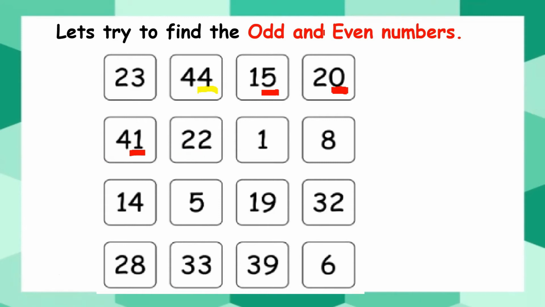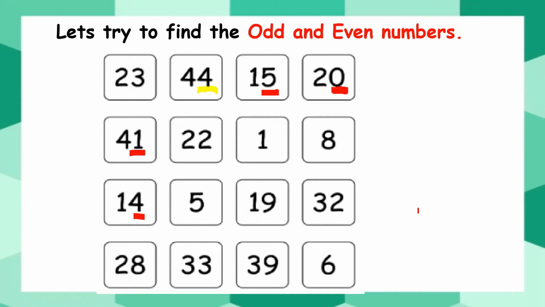This is an even number. 1, odd number. 8, even number. 14, this is an even number. 5, odd number. 19, odd number. 32, it is an even number. 28, even number. 33, it is an odd number. 39, odd number. And number 6 is an even number.